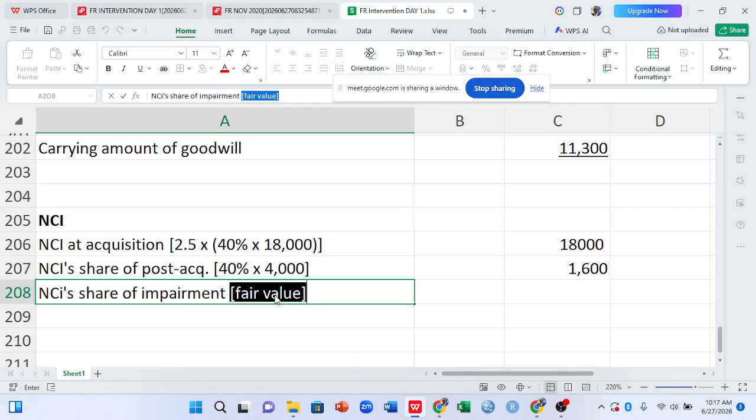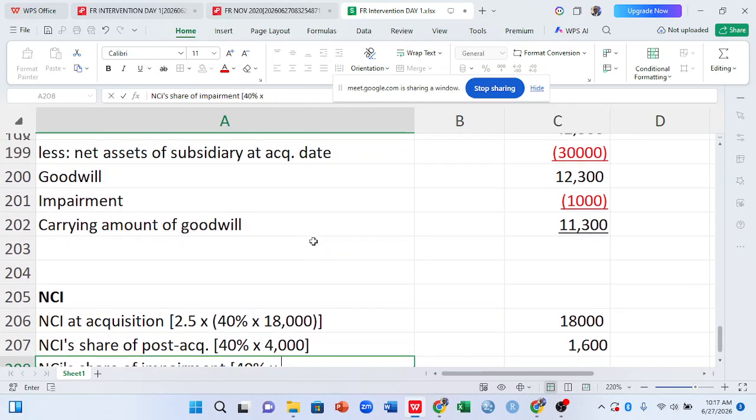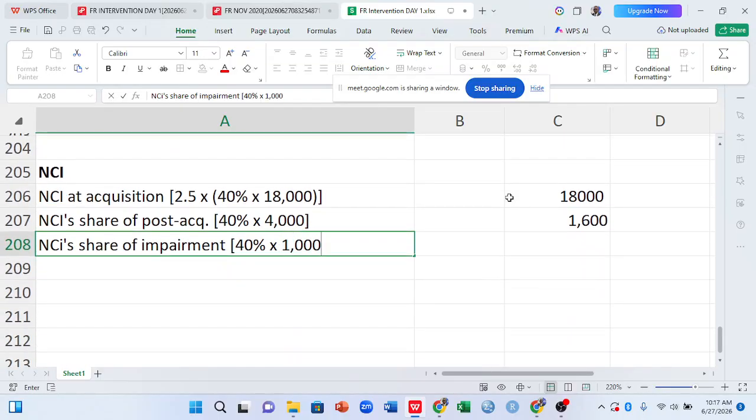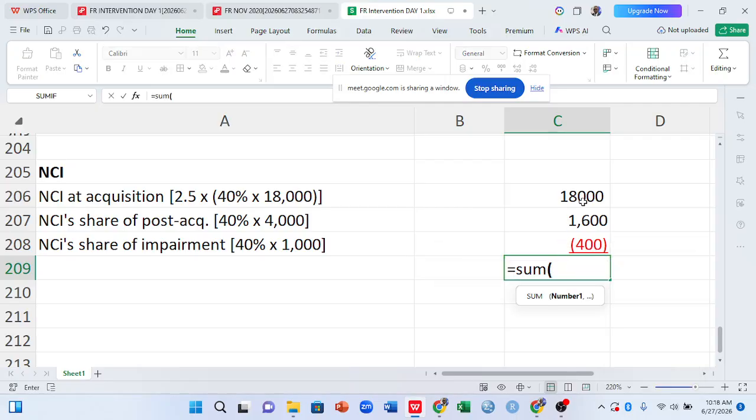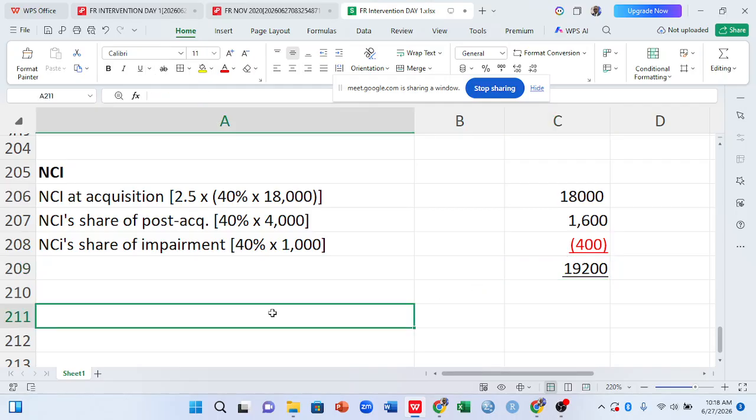Remember, NCI is being valued at fair value. So that's the reason. It's going to be 40% on the impairment figure, which is 1,000. What do we get? 400. We sum it together. So this becomes our NCI value. Question on this?